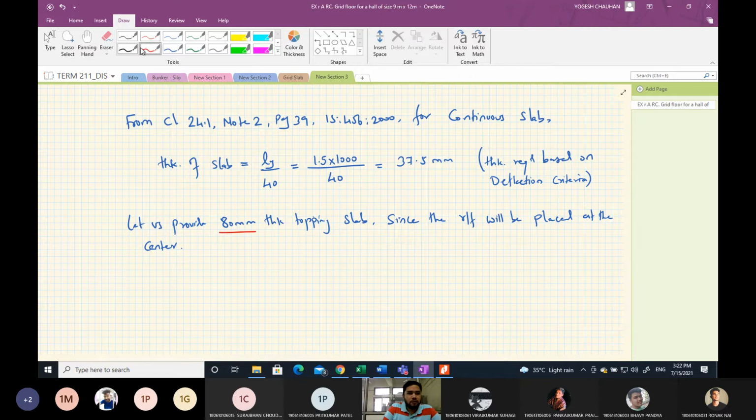Now the next step is to calculate the loads on the slab. Load calculation.